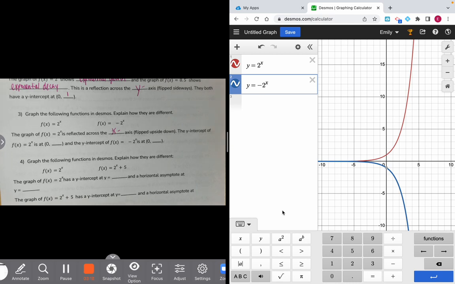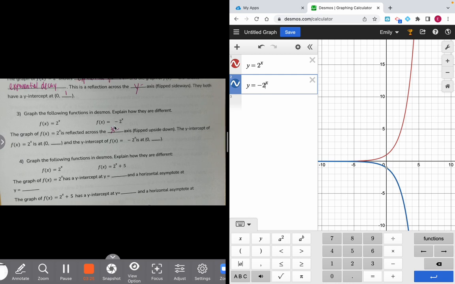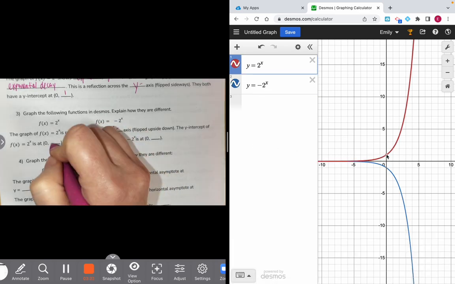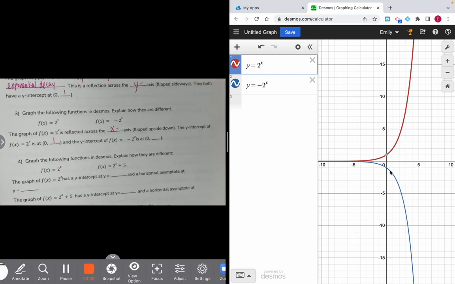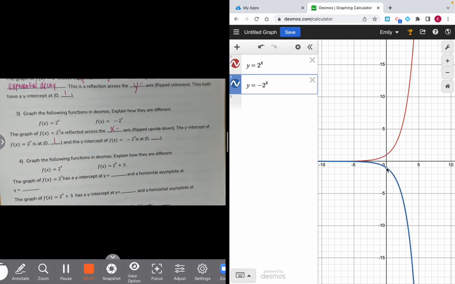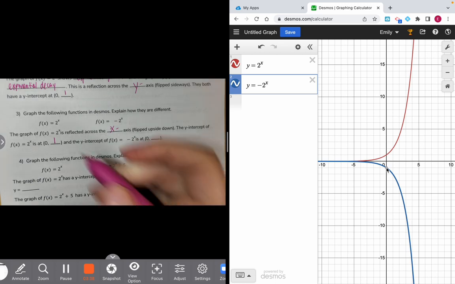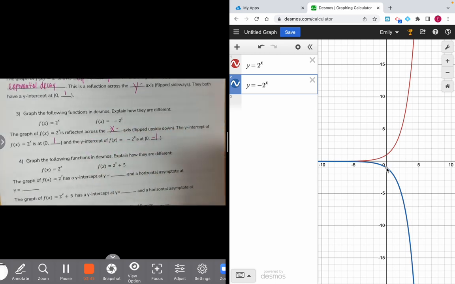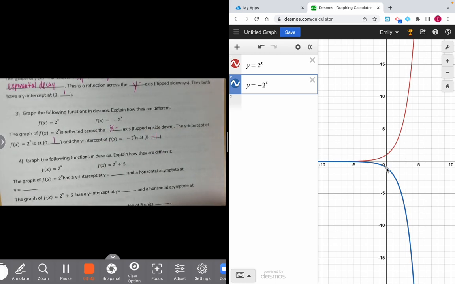That's the reflection we've discussed before, where a, when that value is a negative number, tends to flip over the x-axis. The y-intercept of the first one is still at 0, 1, but the y-intercept of this bottom equation is now at 0, negative 1. So that has flipped as well.